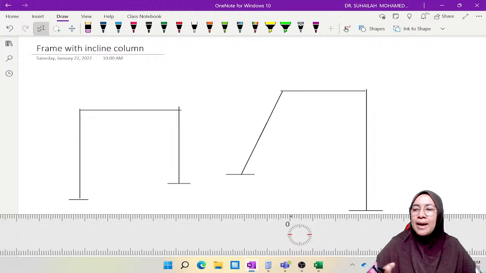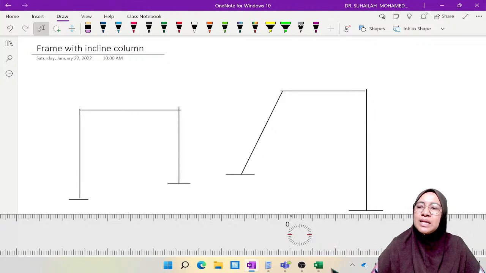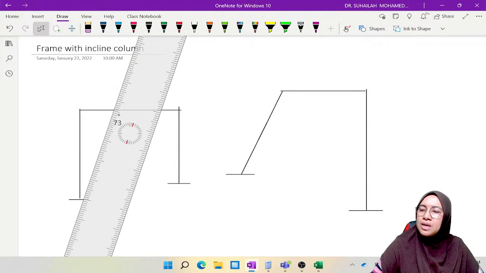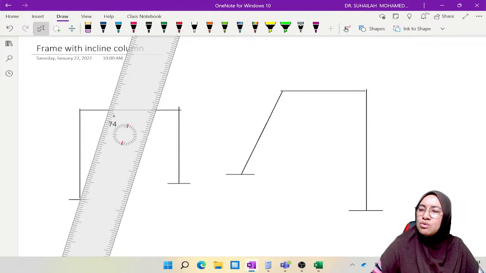In the first diagram, where we have two vertical columns, the beam has no effect at all, because the beam will move horizontally. There is no vertical displacement whenever the frame is moved to the right direction.